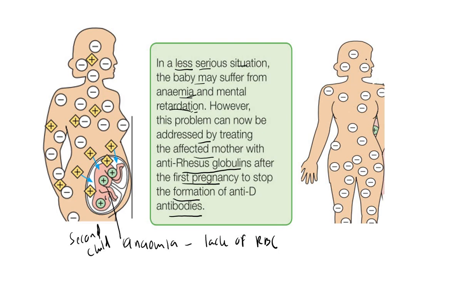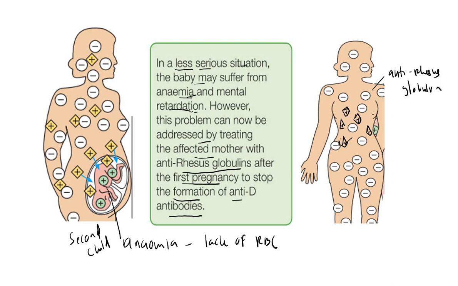So let's say we have a lot of anti-D antibodies already there. But when the doctor gives the anti-rhesus globulin, it will stop the formation of anti-D antibodies.